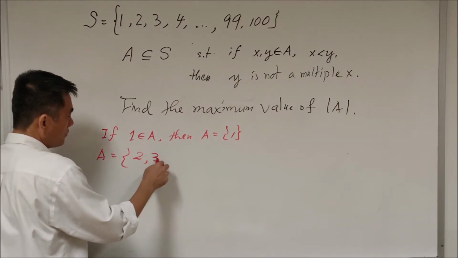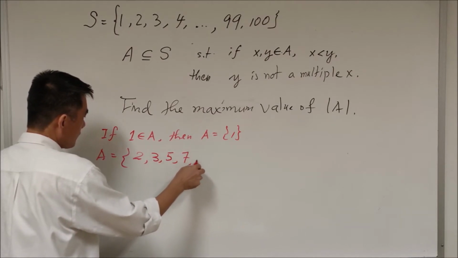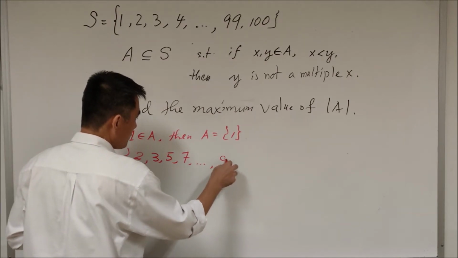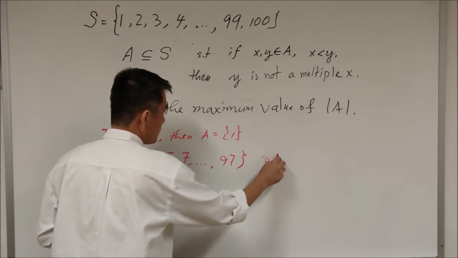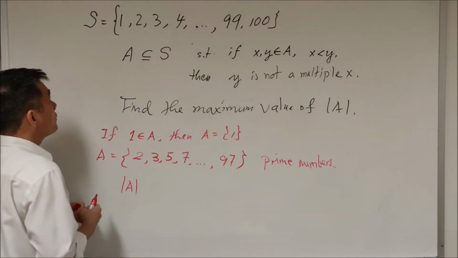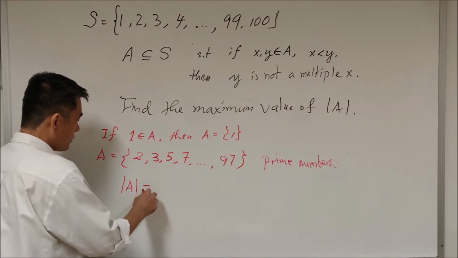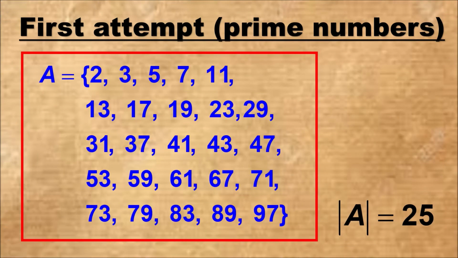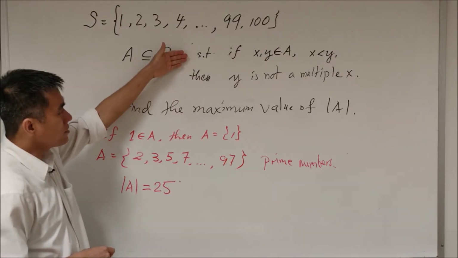We have 3, 5, and 7, and it seems that we have all the prime numbers until 97. These are all the prime numbers, and we know that there are 25 prime numbers less than 100. So this is 25. If A is equal to this, then the condition is fulfilled.